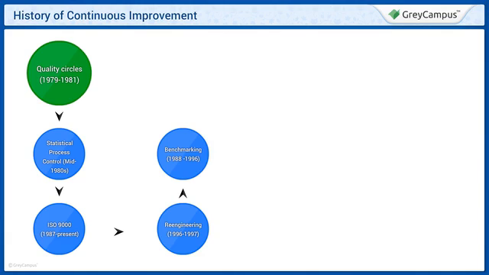Benchmarking, 1988 through 1996, an improvement process in which a company measures its performance against that of best-in-class companies, determines how those companies achieve their performance levels, and uses the information to improve its own performance.